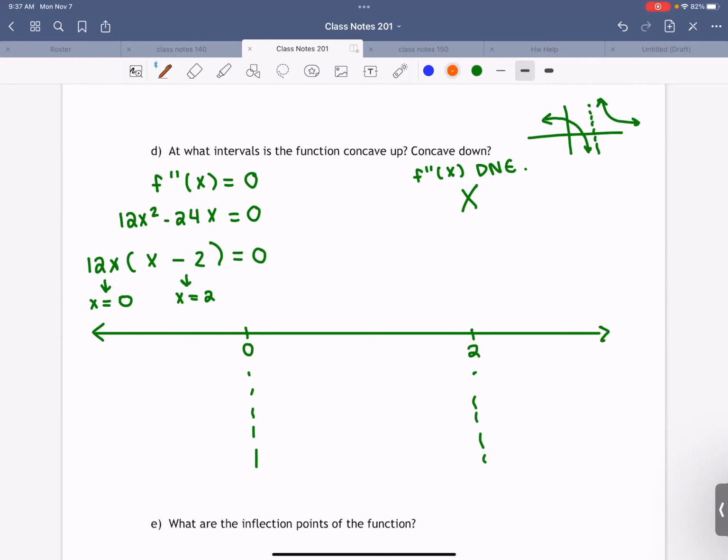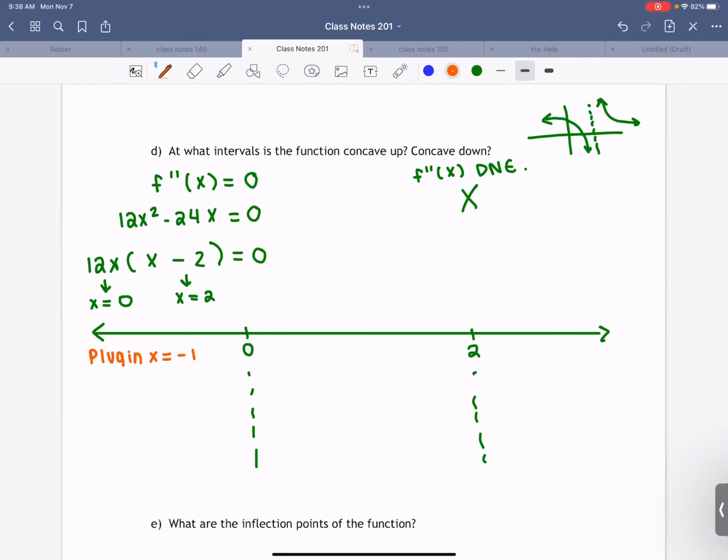What's a good number to plug in that's less than 0? -1, right? And what am I going to plug -1 into? Original function, first derivative, second derivative? Well, let's think about what we're doing. I'm trying to figure out if I'm concave up or concave down.